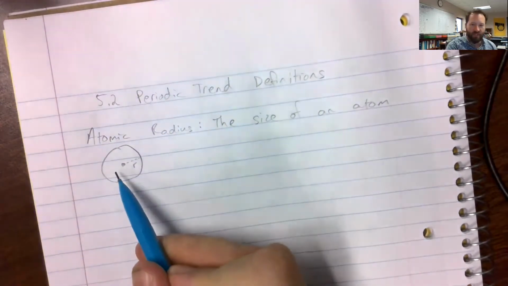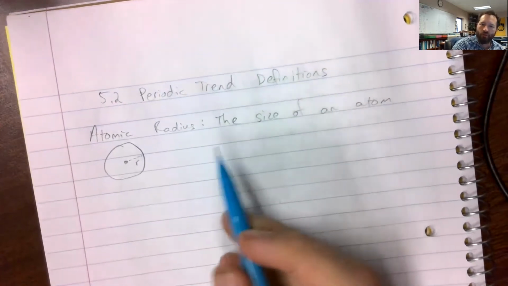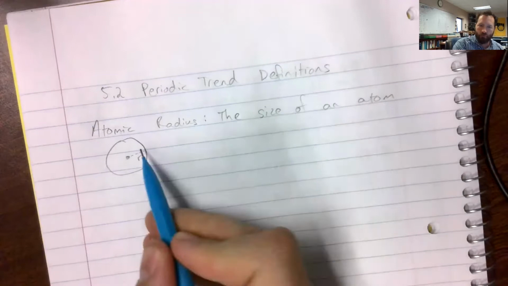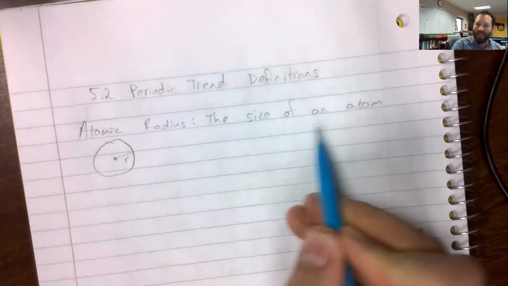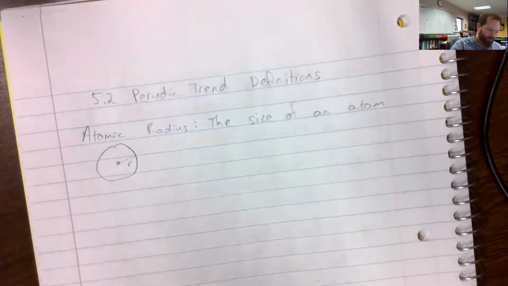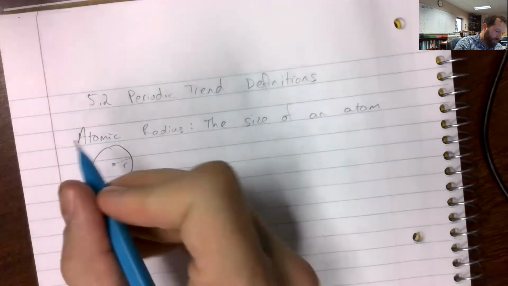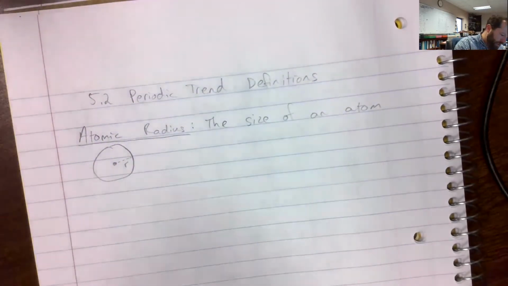Radius is from the center to the outside. There's our radius. So we're talking about the radius of an atom, from the nucleus to the outermost valence shells. And this is the size of an atom. The atomic radius, the size of an atom. So keep that in mind as we work with atomic radius. We're talking about the size of the atom.